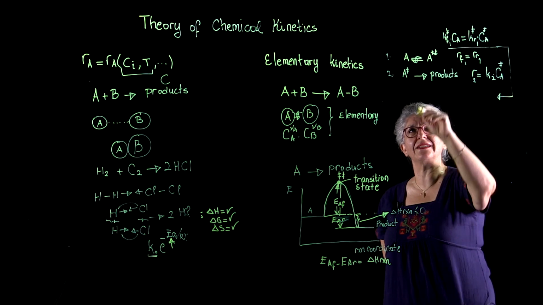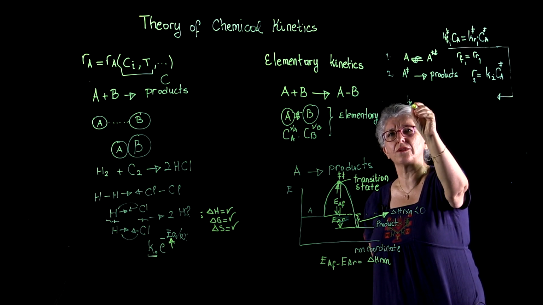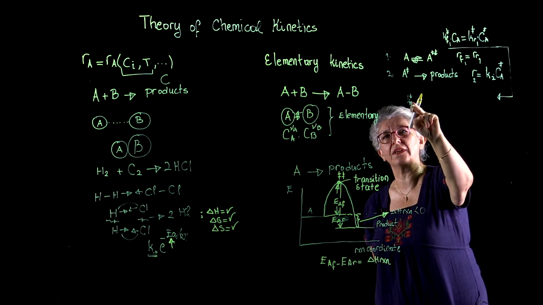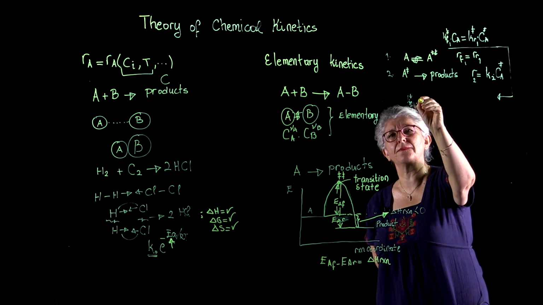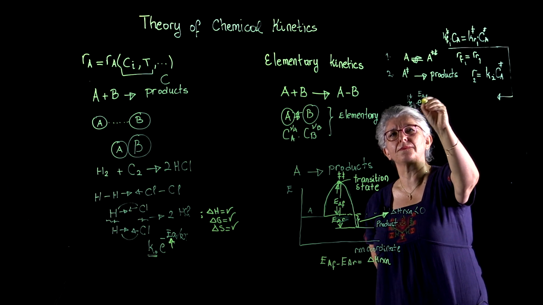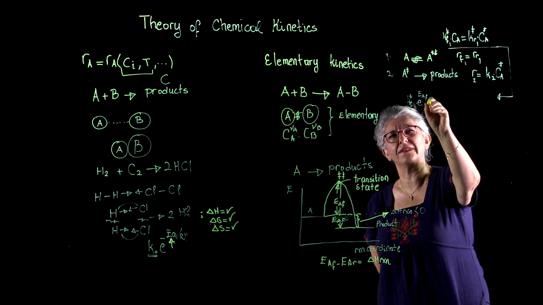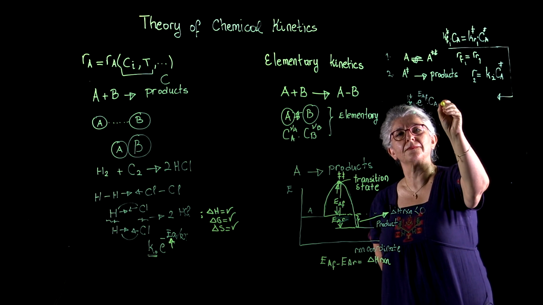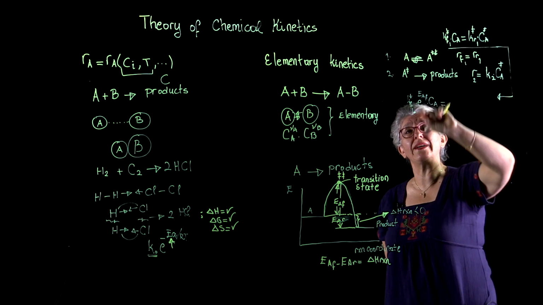K forward 1 dagger is K forward 1, 0, the pre-exponential, times e to the minus EA forward, the activation barrier, right? Times CA. This is going to be equal to K reverse 1 dagger.